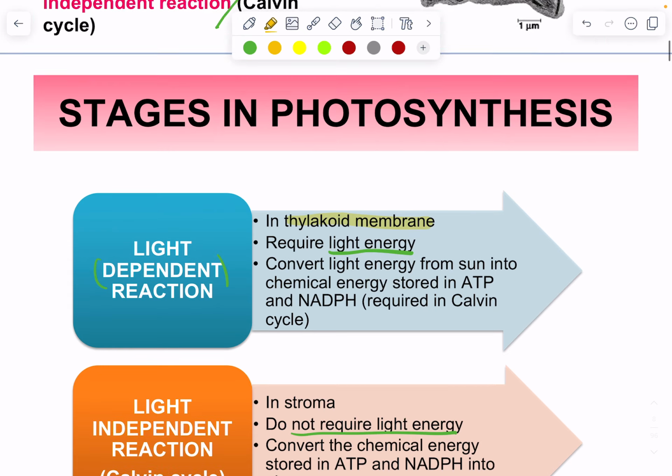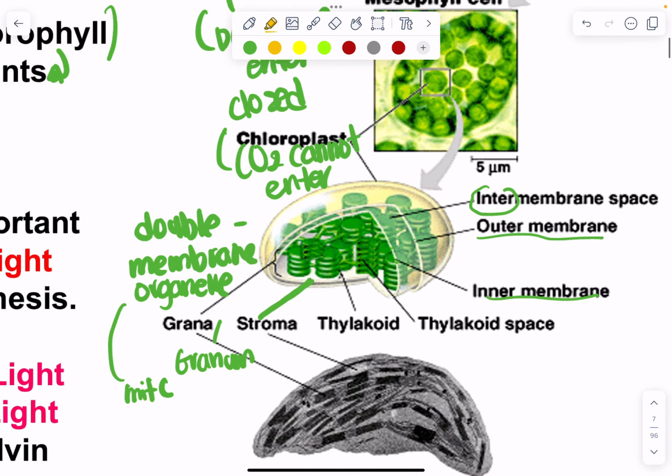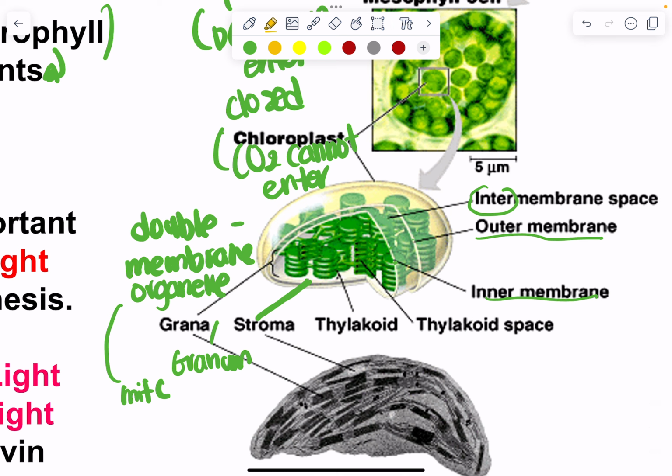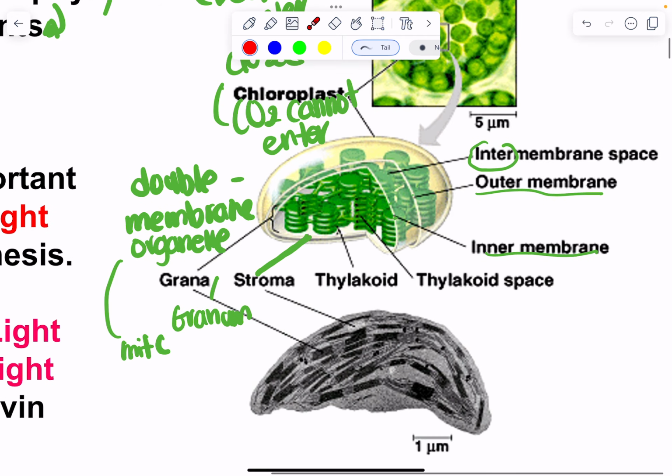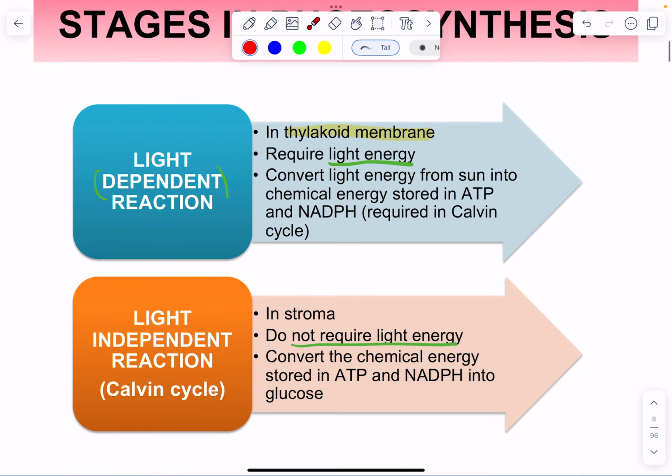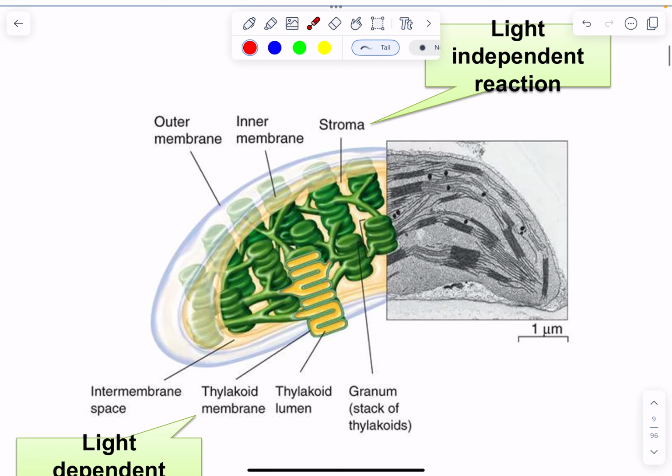Okay, let's take a look again. Thylakoid membrane, where is thylakoid membrane? This is part of the membrane, but this is inner and outer, right? So thylakoid membrane is this thylakoid, but the membrane. Okay, that's why I will find another picture. I believe this one. So this is the thylakoid, right?